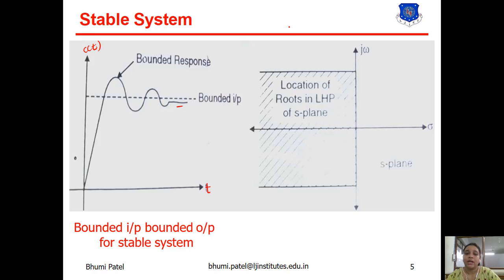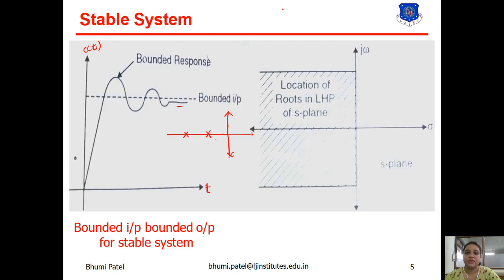What is the criterion for stability? The roots of the system are always located in the left half of the s-plane. If all the poles and zeros are located in the left hand side, this type of system is known as a stable system.